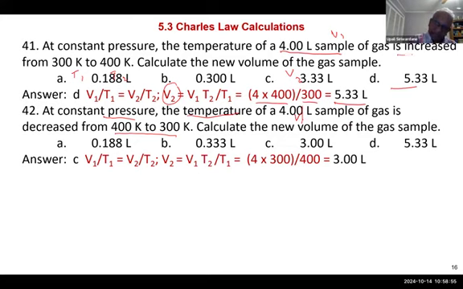This is an increase. This is a decrease. So that's a decrease, this is an increase, 5 points. Then it goes to 3 liters here. The answer is C.